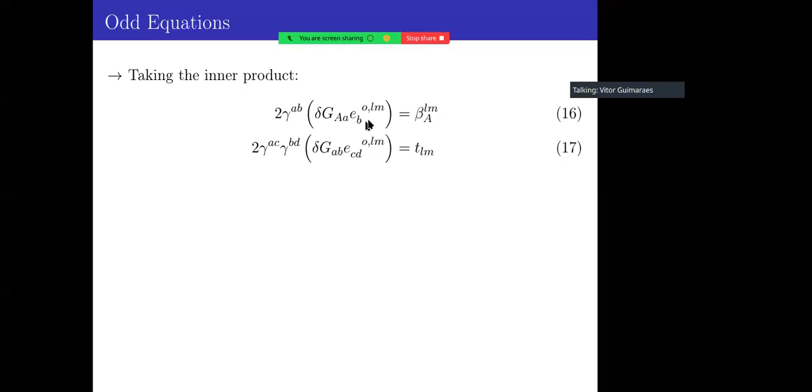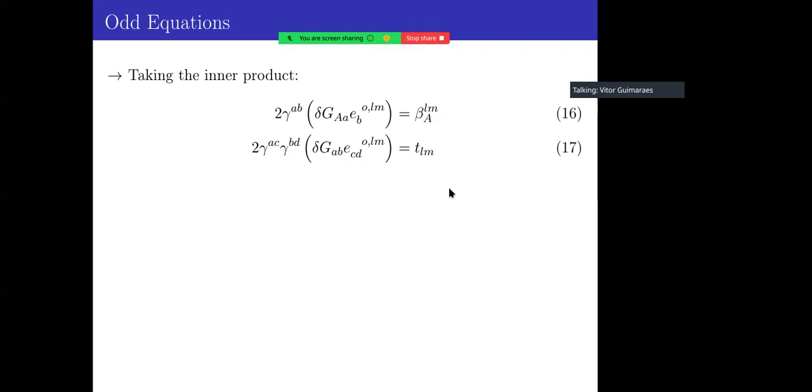So this is what we did here, and this is the same as we did here. So this is the inner product of these two matrices, and this is the component in the direction of this tensor here. Okay, so now we isolated them.